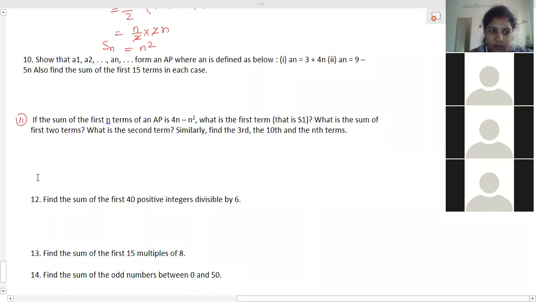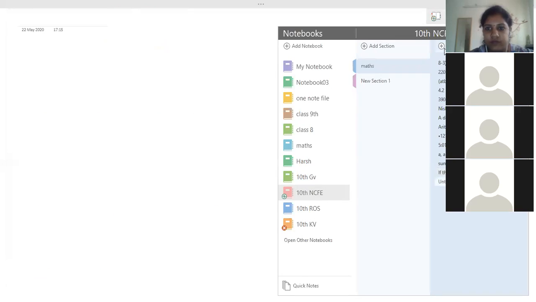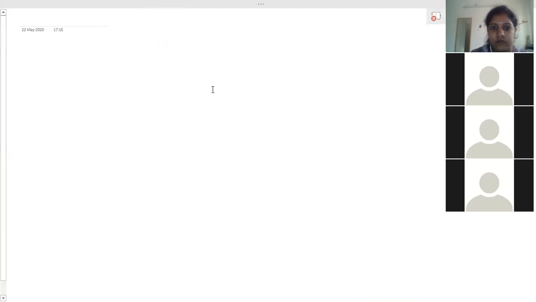So for the 11th one, before that, you need to know something. This is the sum of the AP. That means our AP is A, A2, A3, A4, A5, and so on.